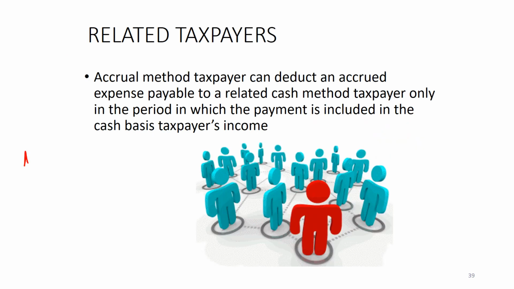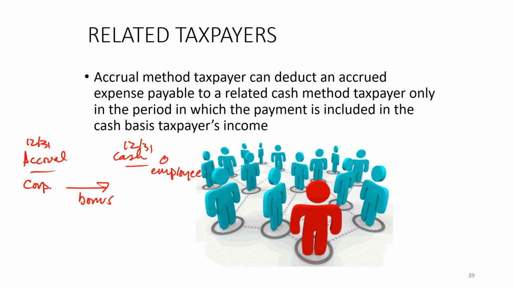Now this slide discusses some of the limitations when you're dealing with related parties, where one of them is an accrual basis taxpayer and one of them is cash. We'll say they both have a 12/31 year end. The accrual basis taxpayer, we'll say, is a corporation, and it decides it wants to pay a bonus to a cash basis employee owner, because it has to be related.